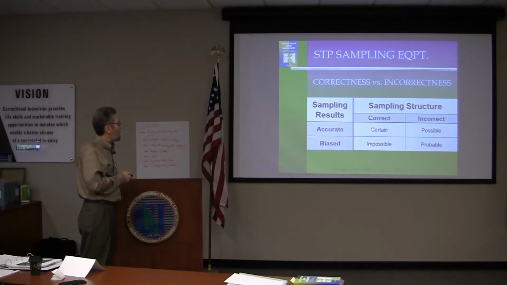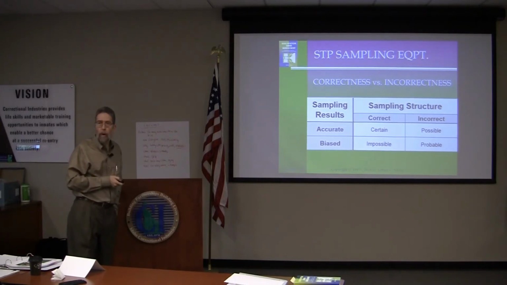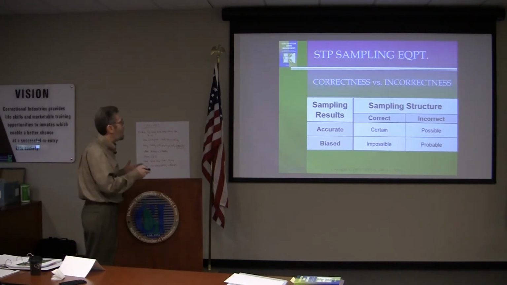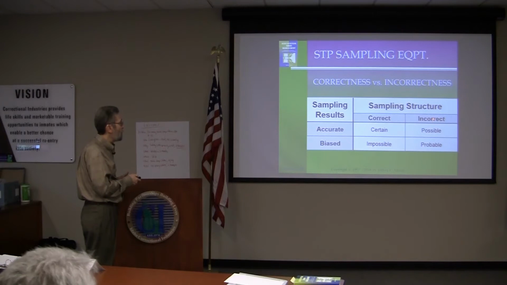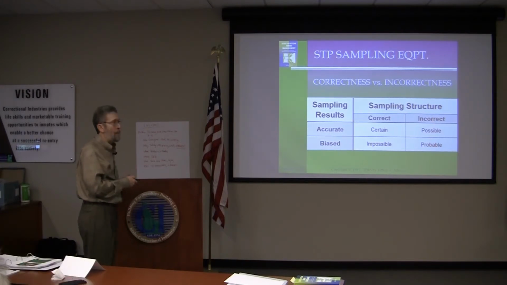On the other hand, if your sampling structure is correct, it is impossible to get biased samples. That's good. Or a bias that's meaningful, significant or substantial, perhaps is a better term. Similarly, or I guess in contrast, if your sampling structure is incorrect, you will probably get a bias.